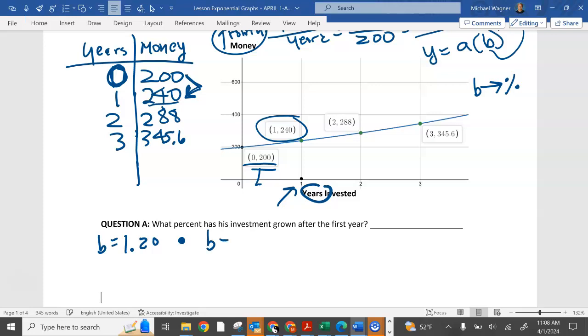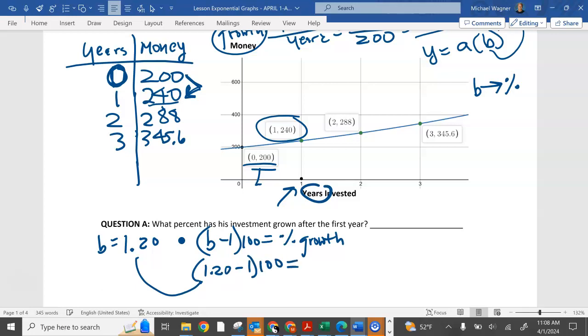so b minus 1 times 100 equals the percent growth. So we take that and we go 1.20 minus 1 times 100 equals, so 1.2 minus 1, that's 0.2 times 100 equals 20%.